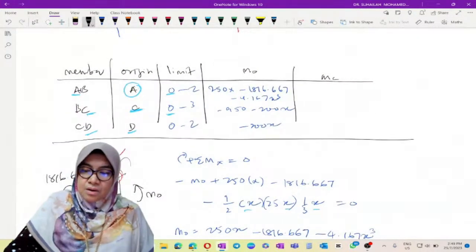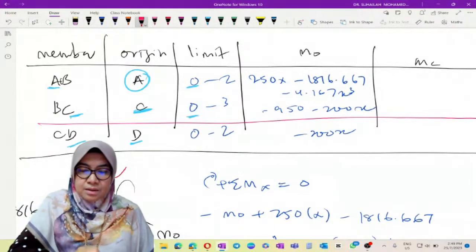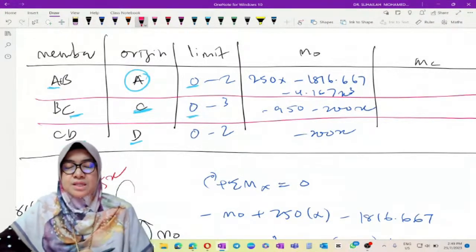This is how we actually calculate the member forces.